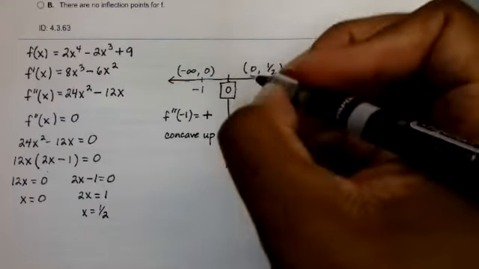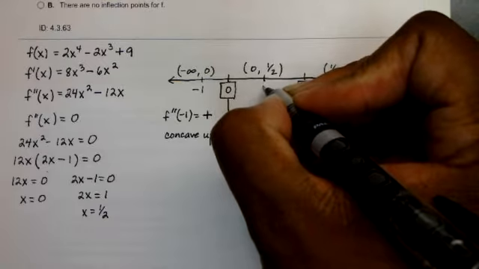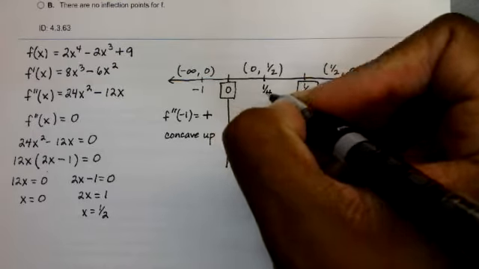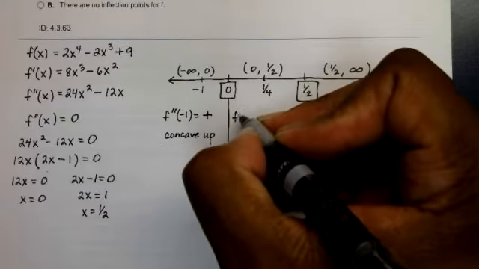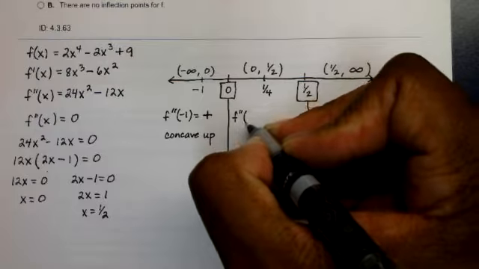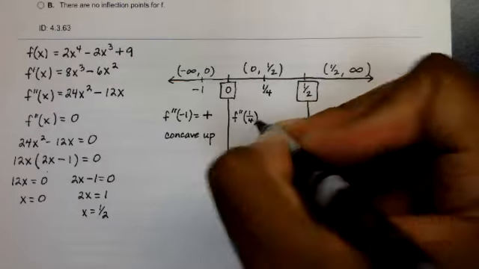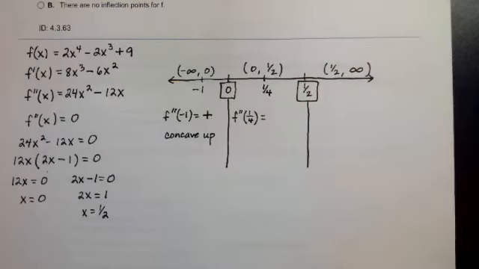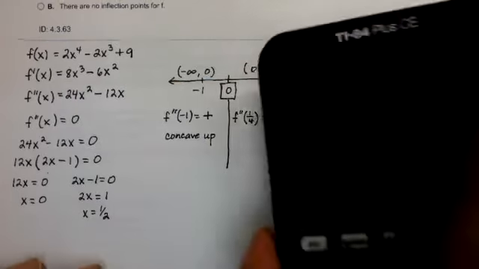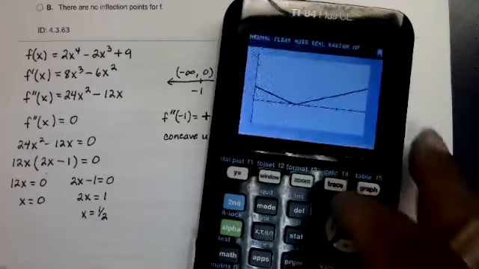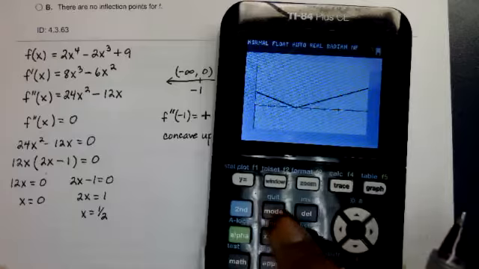And then for 0 to 1/2, we're going to have to use 1/4, and then do f double prime of 1/4. And this is where I'm going to have to use the calculator, since we're dealing with a fraction here. I'm using 1/4 as a test point.